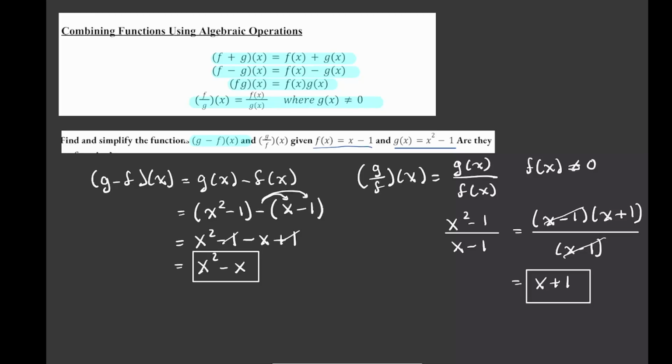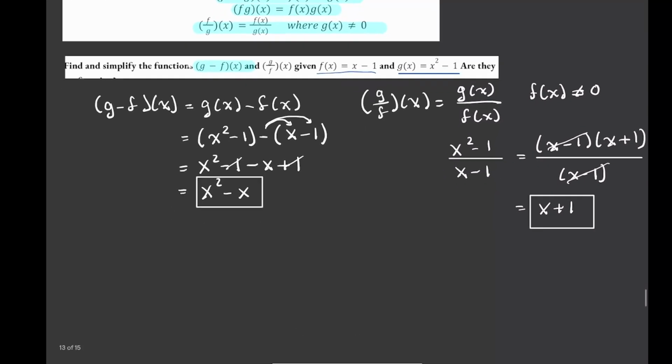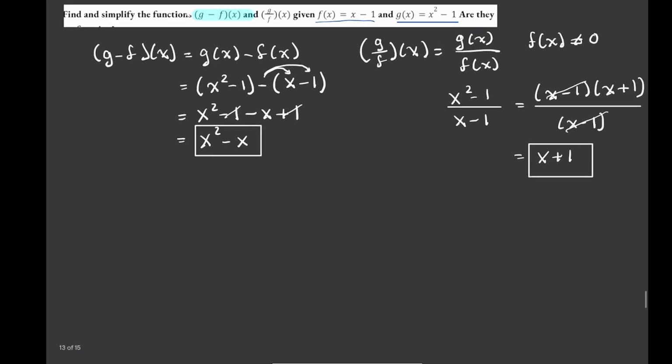Now I know this problem is not asking us to do so, but I would like to add the two functions together. I want to find g plus f of x. Here g of x is x squared minus 1, again with parentheses, plus f of x, which is x minus 1.